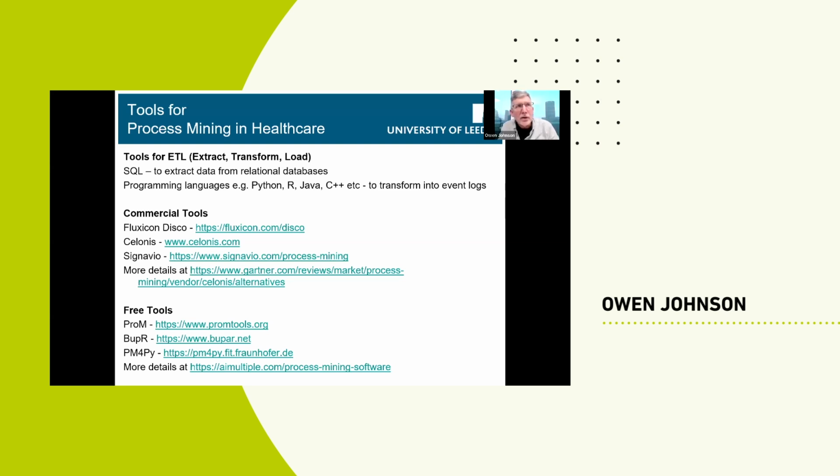Yeah, so the answer I think is that it's a tool within a tool set which you need to use in combination with other tools. So what process mining will do is it will give you visibility on some aspects of the patient journey, but it will give it to you as hard data from your own databases, and in particular it will tell you the time gap between each of the events in a patient's journey.